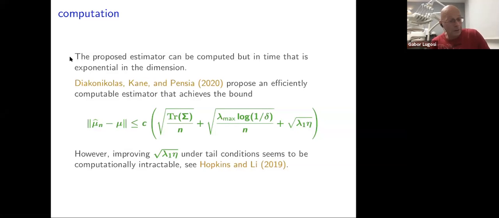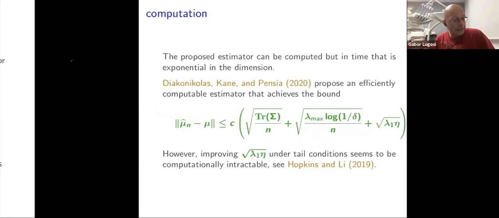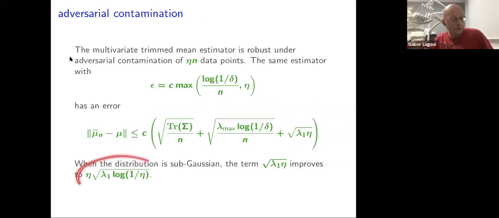There are some intricacies here that I don't really understand yet. If we want to improve this term under tail conditions, for example, if we have sub-Gaussian improvements, then with the trimmed mean the effect of the contamination is lighter.